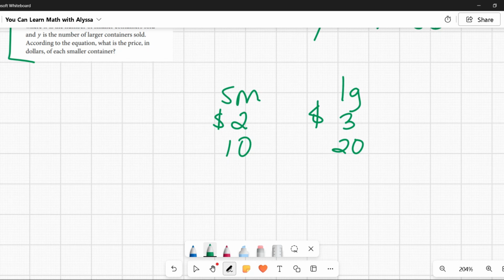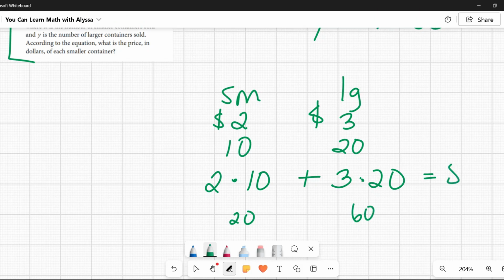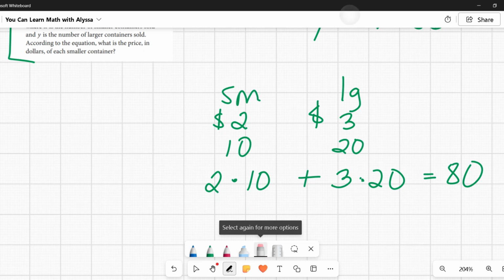Well, I would multiply that cost, $2, times the number of containers that I had sold, and I would add that to the cost of the larger times the number of containers I'd sold. So 2 times 10 is 20, 3 times 20 is 60, so together I sold $80 worth.